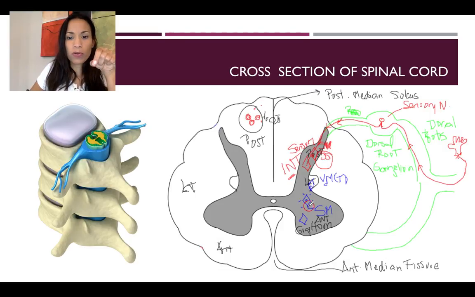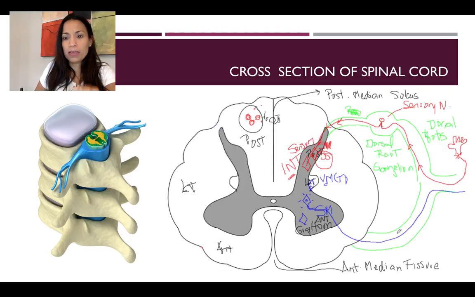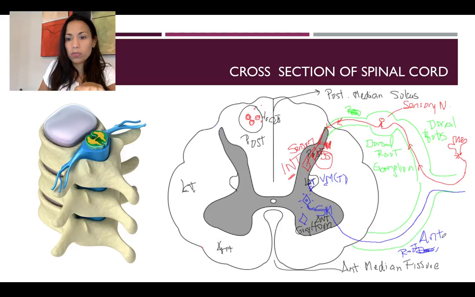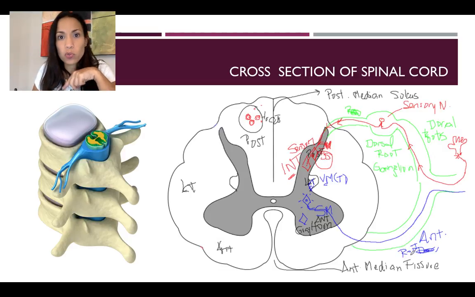So the axon of the somatic motor neuron exits following the anterior root now, and that's it so far. The anterior or root. I was going to write dorsal. So the anterior or ventral root.